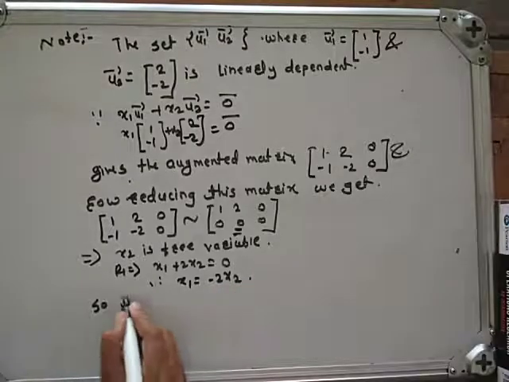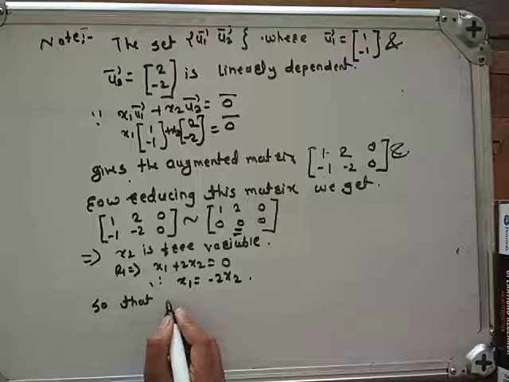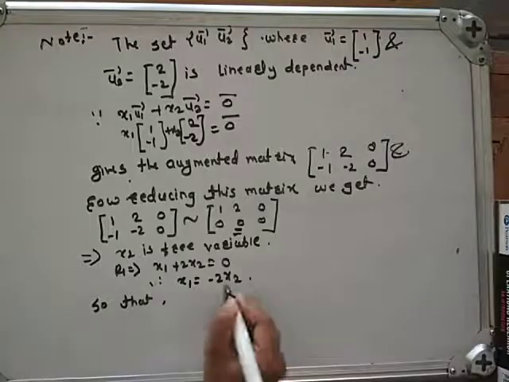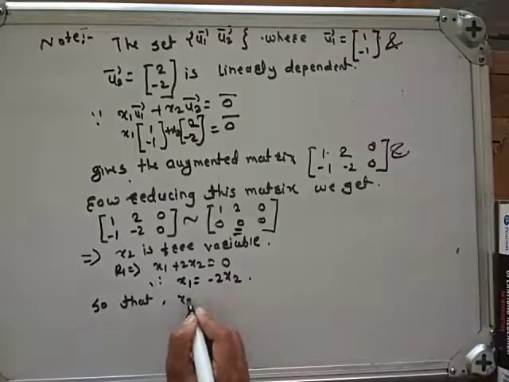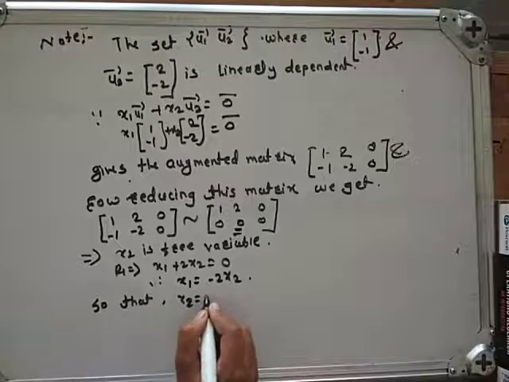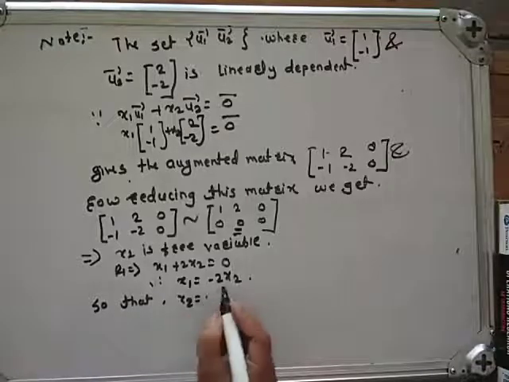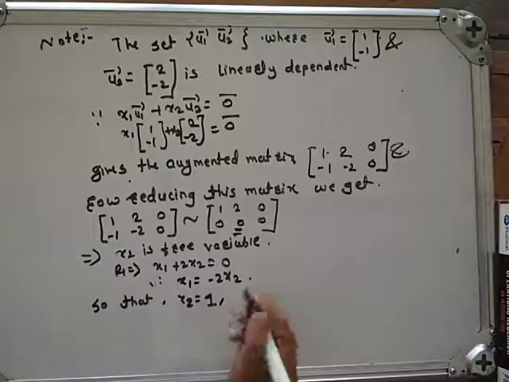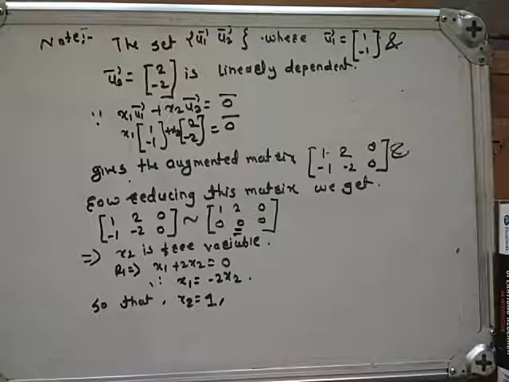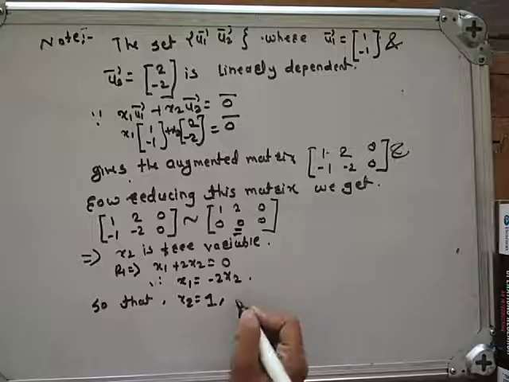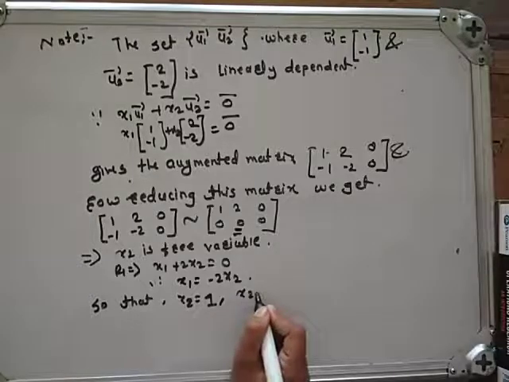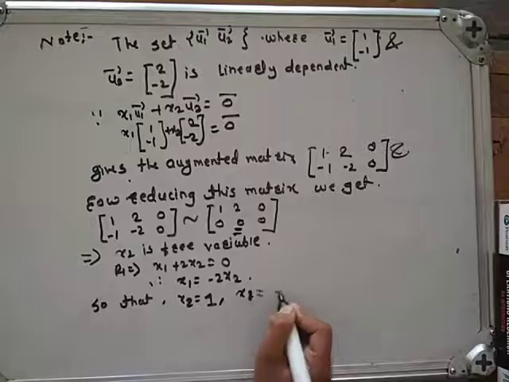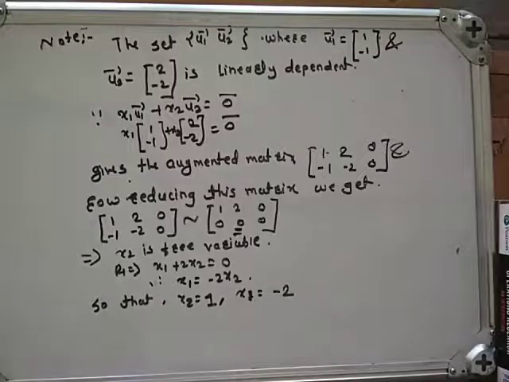So if you choose x2 equal to 1, then you will get x1 equal to minus 2.